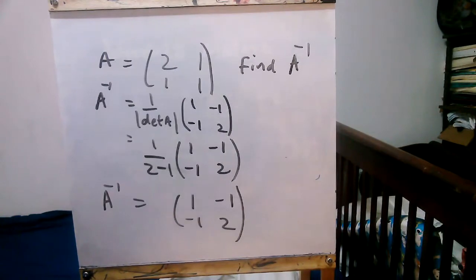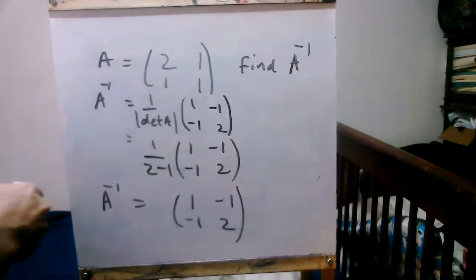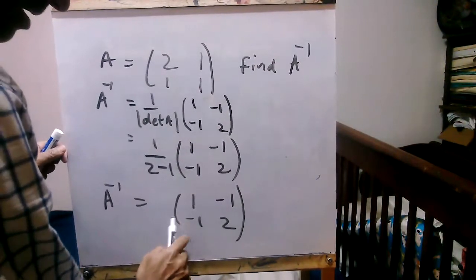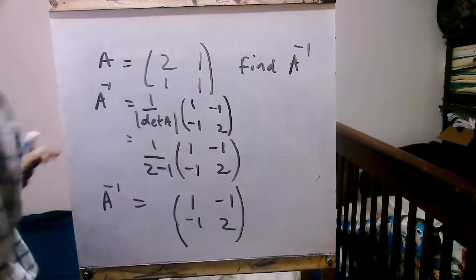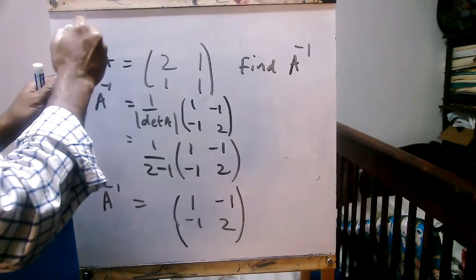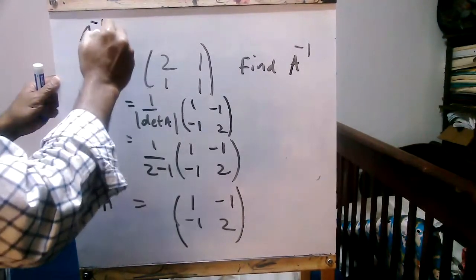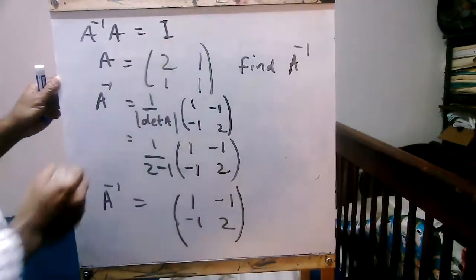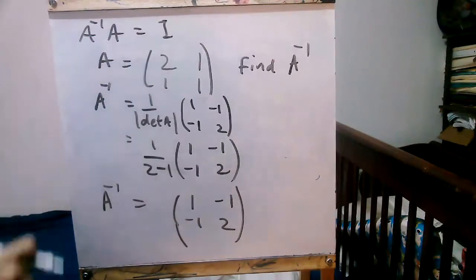Now how do we know if this is correct or if this is the right answer? We can use the check. We can check if A inverse A equals I. Right? Let's do this check.